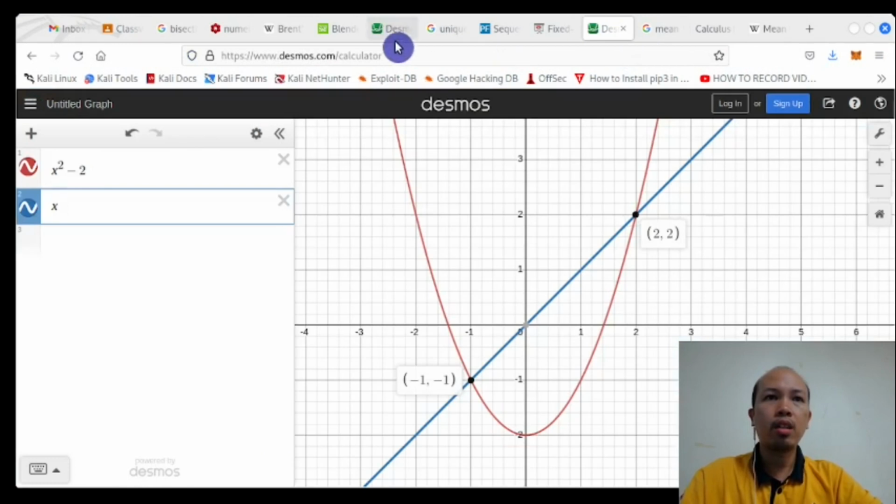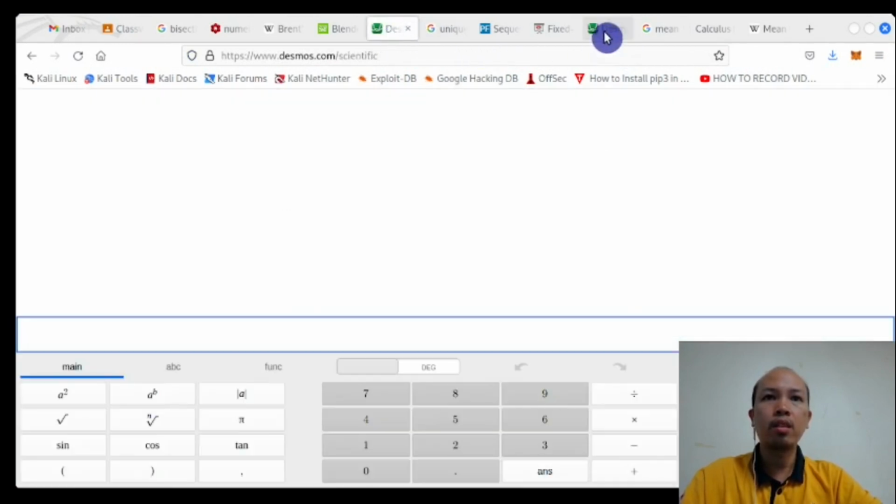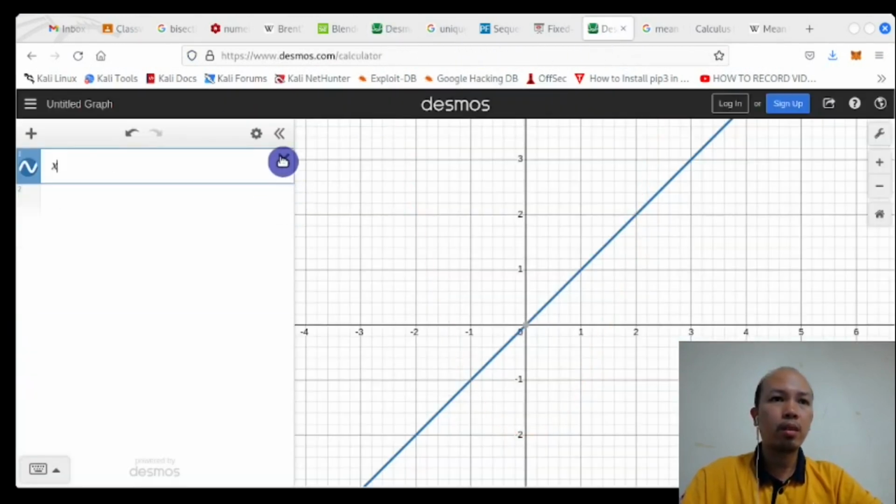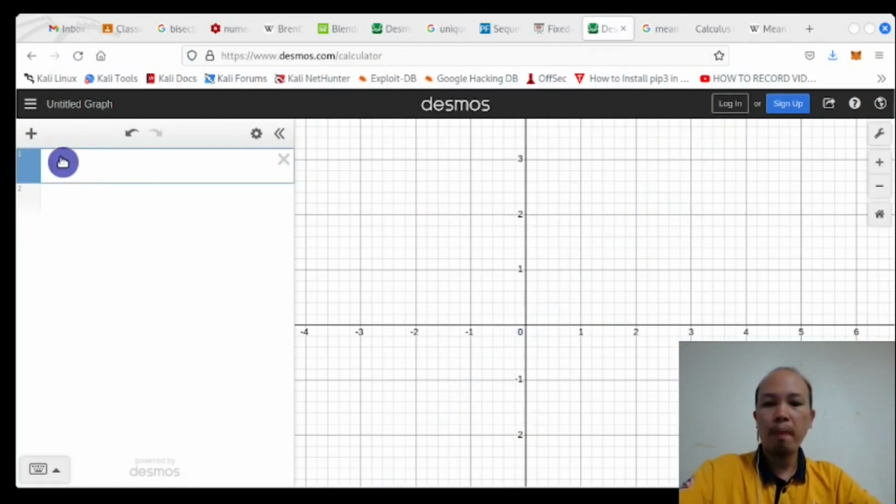Let's erase this one first. Okay, let's graph our function.